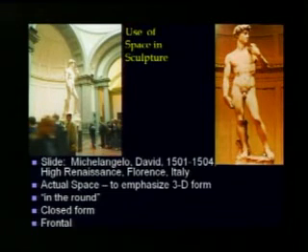So since we can see everything from the front, and there really isn't any twisting, we call this a frontal figure. It's also a closed figure, and what that means is that Michelangelo really doesn't take too much consideration about space around this figure. Everything is pretty much closed in to that slab of stone that he carved this out of.